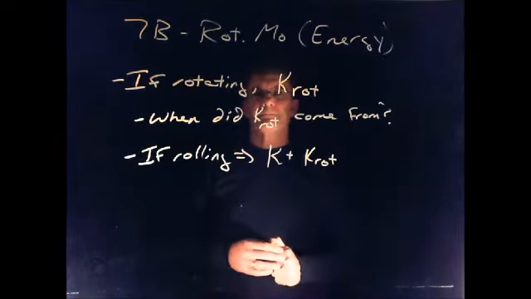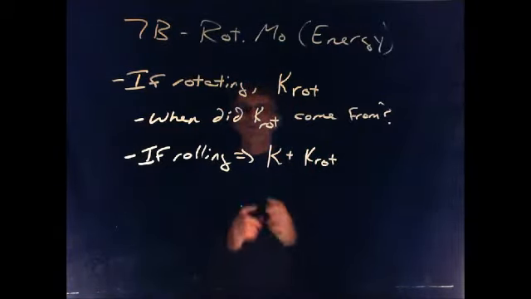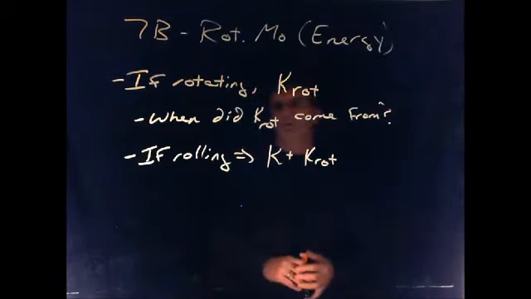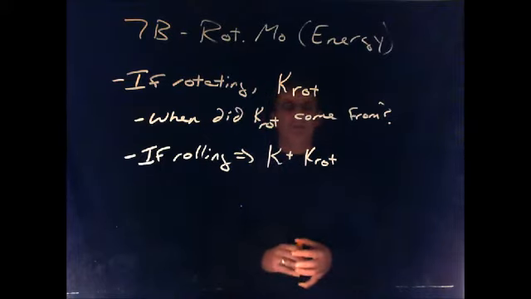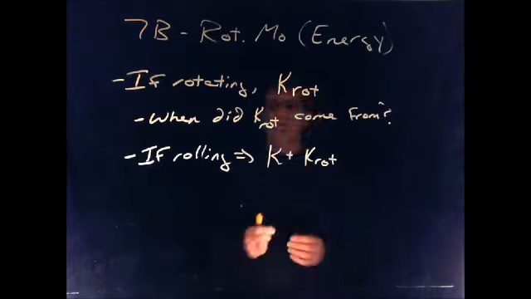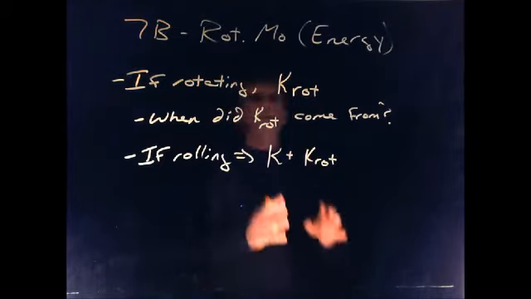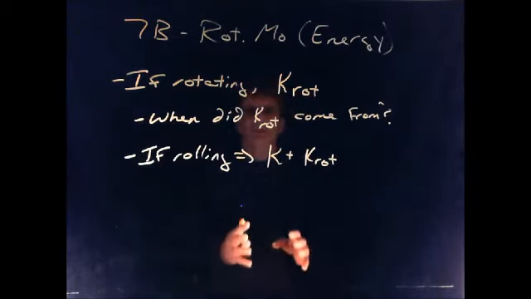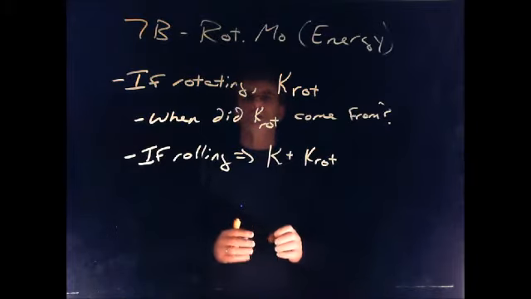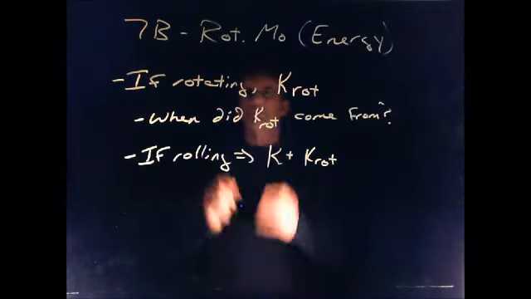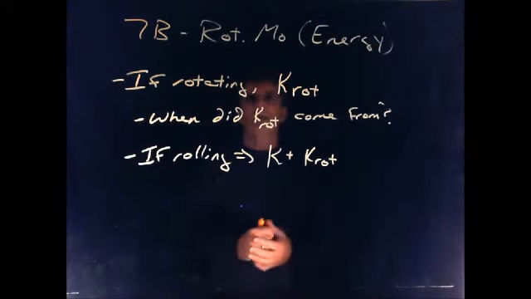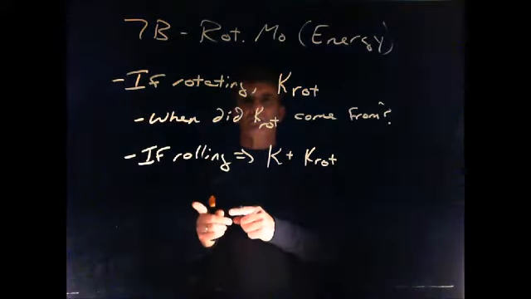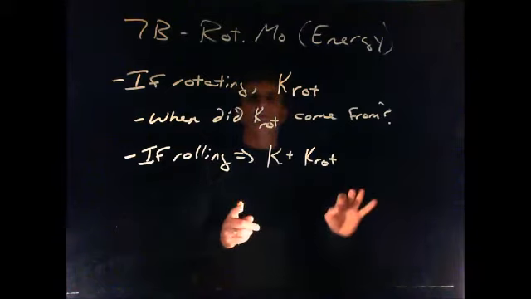I'm going to look at two common scenarios that I think can be expected. One is comparing the rolling kinetic energy, the rotational kinetic energy, of two similar but different shaped items. The other is looking at the same object under different circumstances.